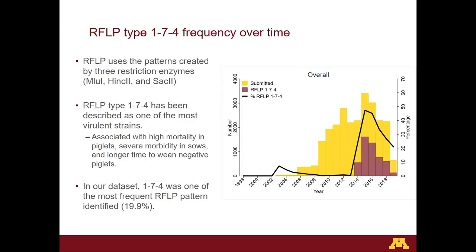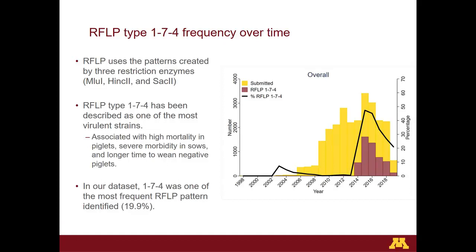So if anyone here in the audience doesn't know how RFLP patterns are assigned, we have 3 enzymes, and when we have a complete nucleotide match of that enzyme sequence to our ORF5 sequence, we have a cut, and the amount of cuts and the positions of those cuts are what generate the RFLP patterns. So with that, we have a very large number of possible combinations of the cuts of the 3 enzymes.